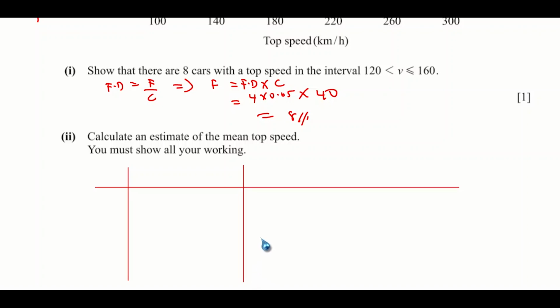Then I need another column for the average, when I find the average of the class interval. I think this should be enough. Then I need a column for the frequency. Then I need a column for the product of the frequency and the mid value. Okay, like this. So here it will be for the class interval, and this will be the mid value.